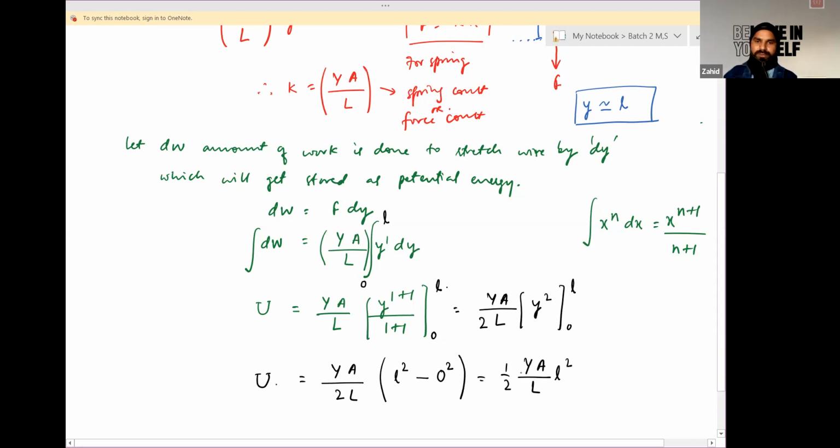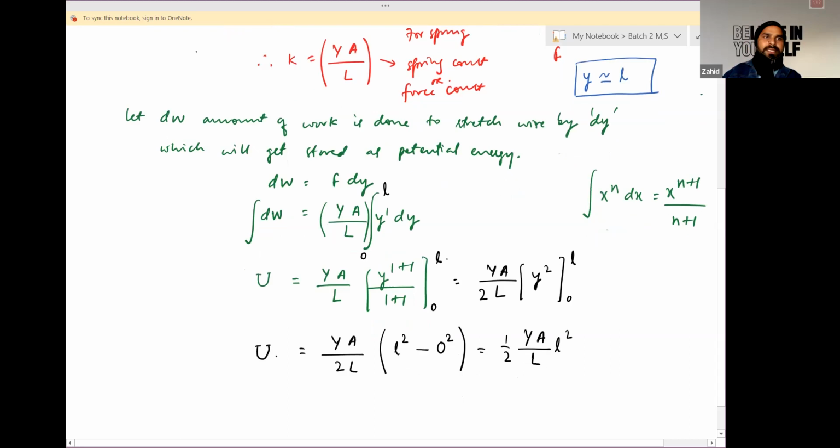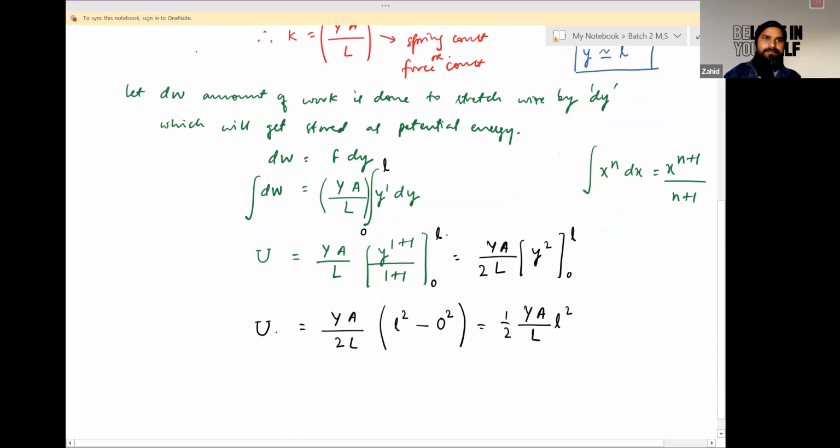Now we have to convert this particular expression in terms of force and extension only. So you can write it as half YA divided by L into small l times small l.